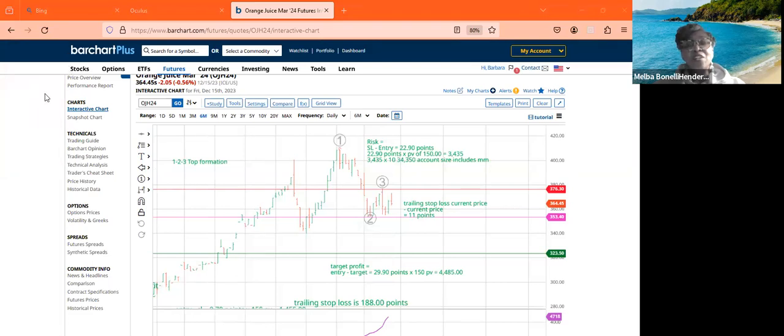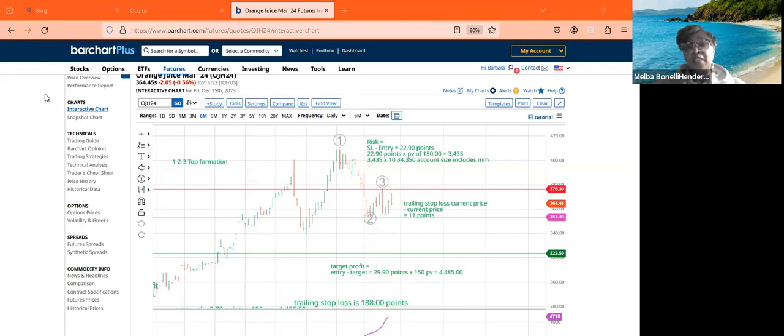So what I started doing, which you're seeing in front of you, we started writing our trades down in text formation on Barchart and spelling it all out. So no matter where we are on planet Earth and we want to go in that trade, it's all written down for us on barchart.com in our own personal free account.